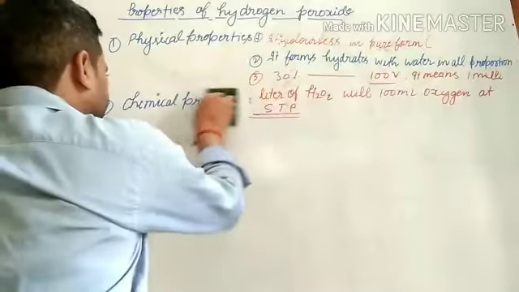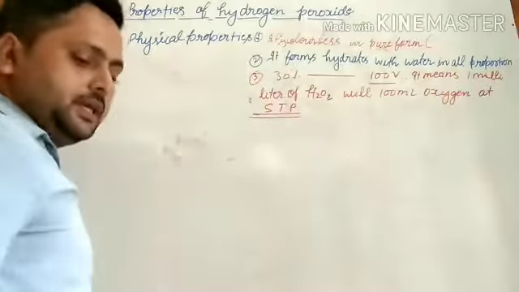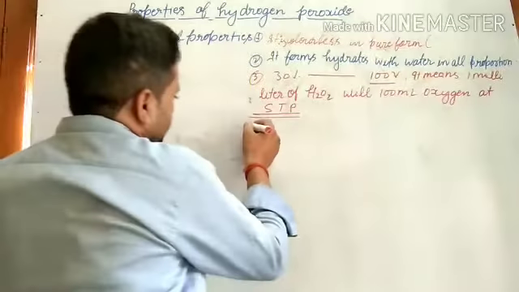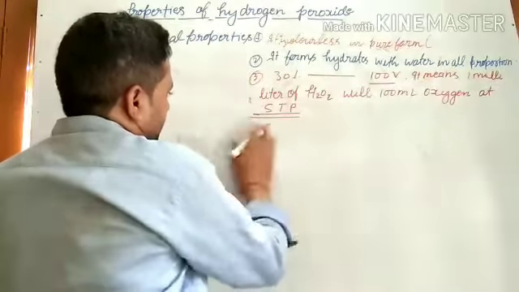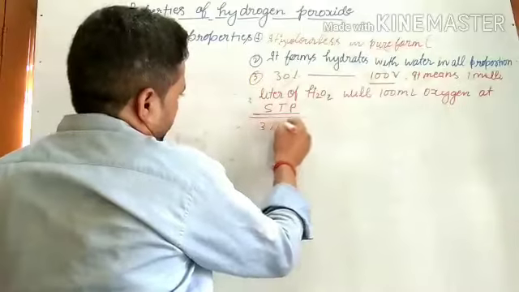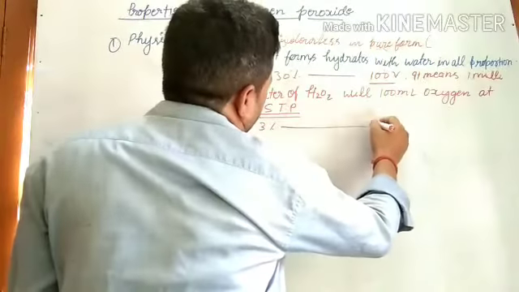And normally the peroxide that is used in the market is 3%. What is that? 3% means how much volume? That is 10 volume.